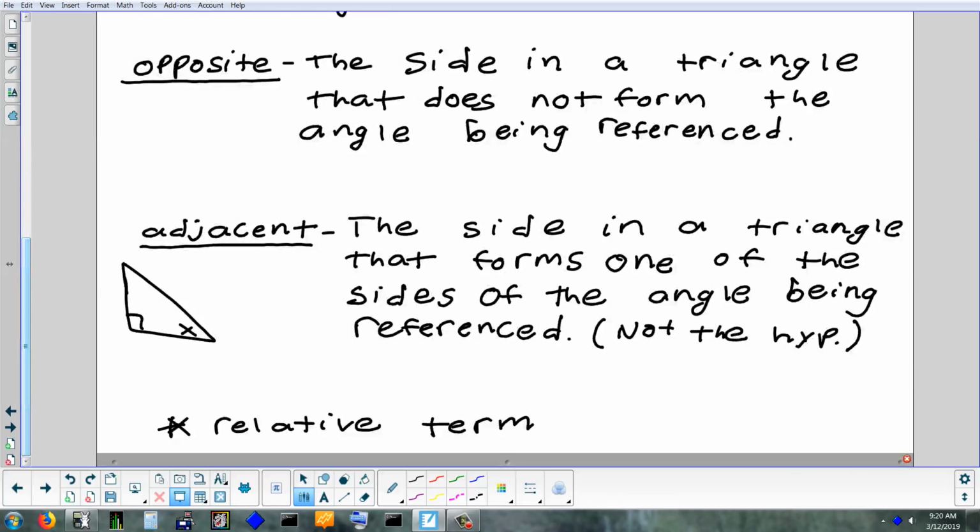So if your perspective was there, that's opposite, that's adjacent. If I take the same triangle and pretend like you're walking to another spot, let's say you're standing up here, well, now you're looking at everything from a different perspective. Opposite is the side that's furthest away. Adjacent is the side that's next to it.